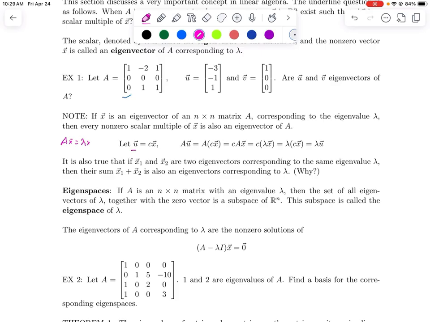So Au will become A times cx. When I say A times lambda x, actually I should say A times cx in this case because we have a c here.